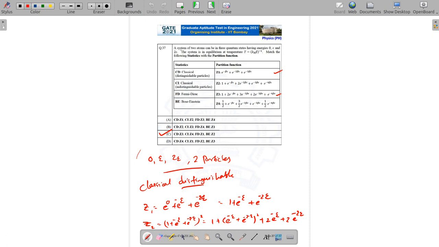So you are given that the only possible energy states are 0, epsilon and 2 epsilon, and there are two particles, 2 atoms. So the question is, what if they are classically distinguishable particles, classically indistinguishable, and Fermi-Dirac, Bose, that is, there are bosons and there are fermions. So okay, let's do one by one.